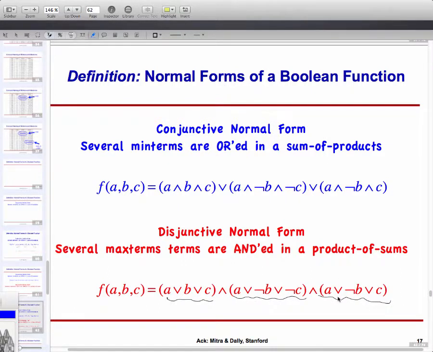Okay, so help me out now. What max term number is this? M of 0. This is M of, well, 1, 0, 1, or another, so 0, 1, 0 says M of 2. What about this guy?